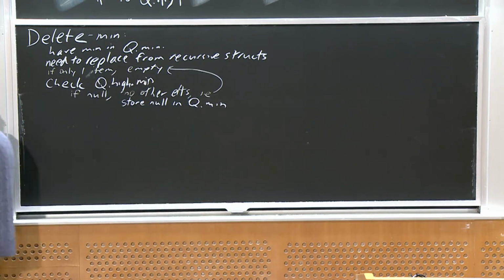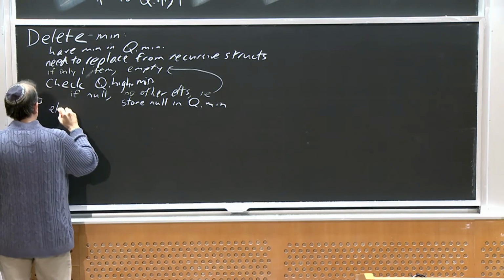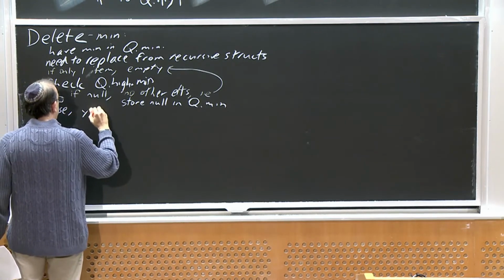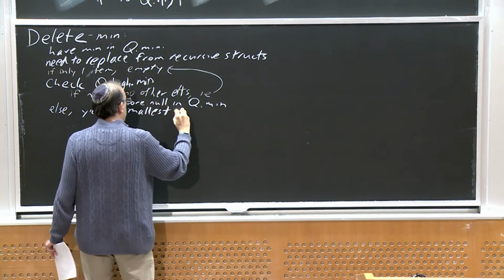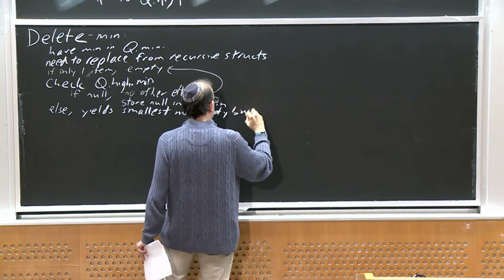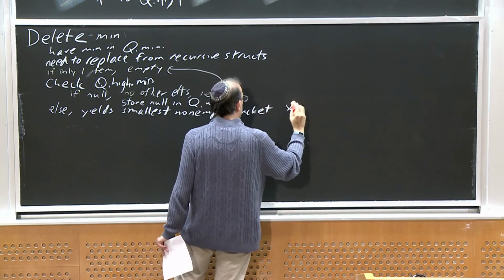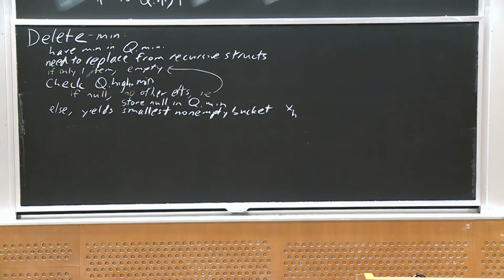I'll probably throw the data structure away, but that's not so important. Okay. Otherwise, this yields the smallest non-empty bucket, which I will call, and the half key associated with it, namely xh.